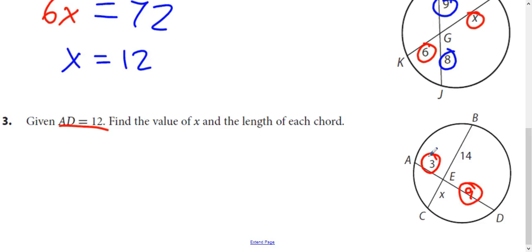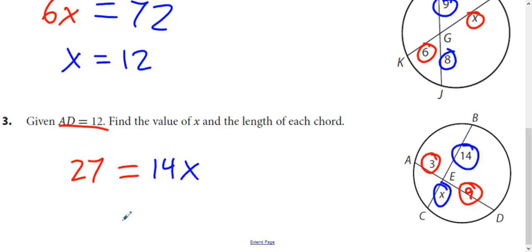Then we can do 3 times 9, 27, equals x times 14. Divide, it doesn't work out perfectly, but you get 27 over 14, a little bit less than 2. But just leave it as a fraction. If you needed the decimal, just type it into your calculator and get it.